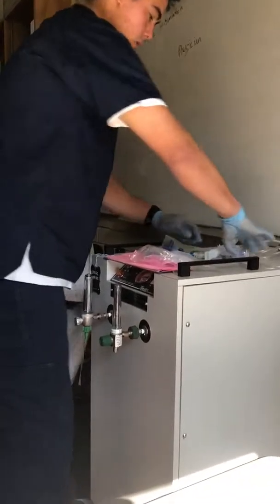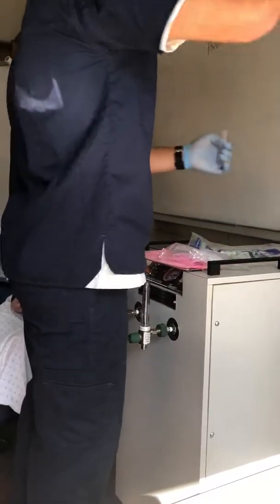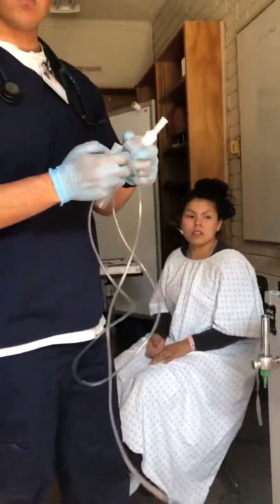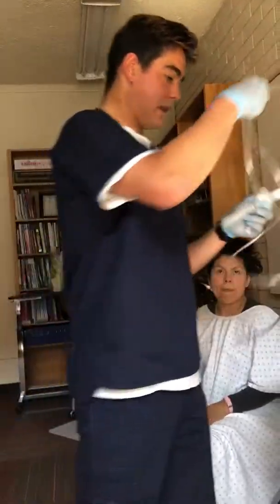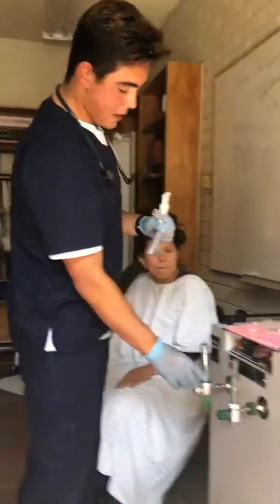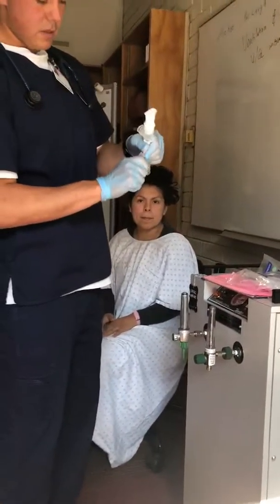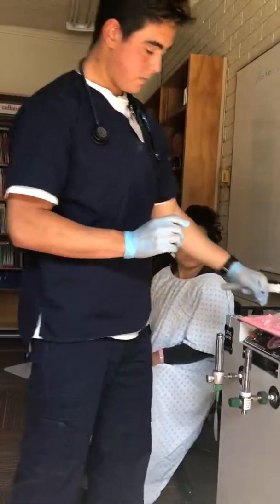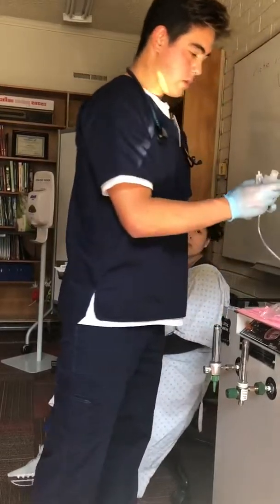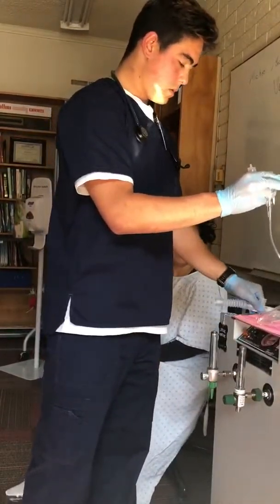Okay, so we're going to go ahead and take this apart. We are going to clean it with sterile water. So we have our sterile water right here. Go ahead and rinse it out. We can use our medical air oxygen to help dry it. So we really just want to flush it with water.